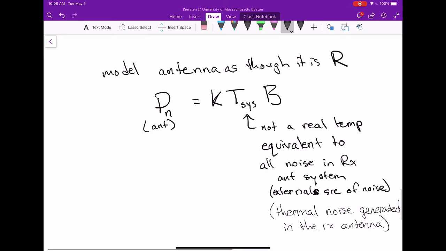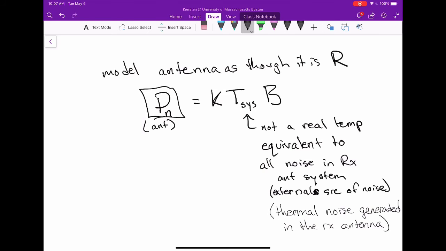All of that stuff gets folded up into the system noise temperature. Now, in this class, we're not going to talk about how to calculate the system noise temperature itself. That is for antenna design, so little plug for taking the antenna design elective course, Engineering 435. But if you are given the system noise temperature, now you can figure out what is going to be the noise power at the antenna.